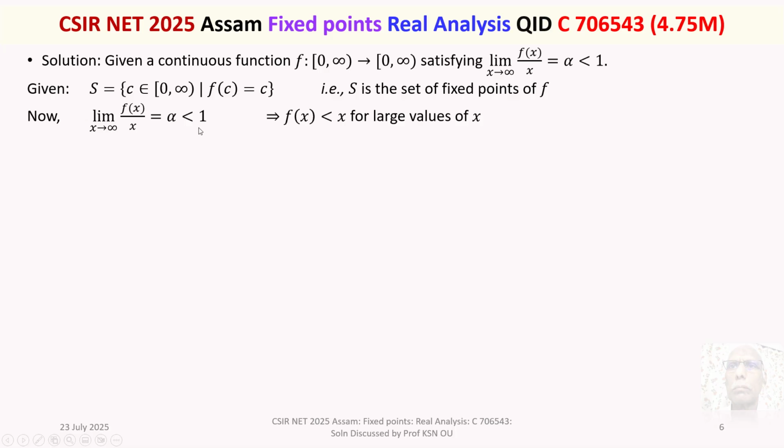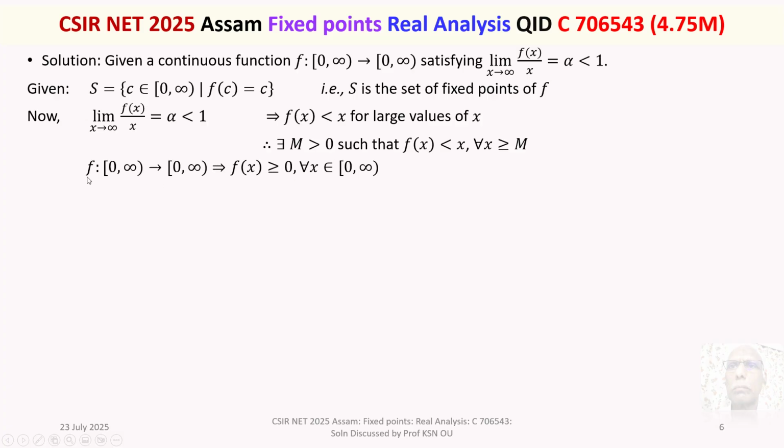Limit as x extends to infinity, f of x by x is less than 1 will tell us f of x is less than x for large values of x. Therefore, there exists an m greater than 0 such that f of x is less than x for all x greater than or equal to m.